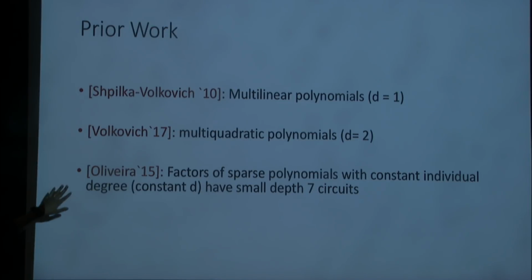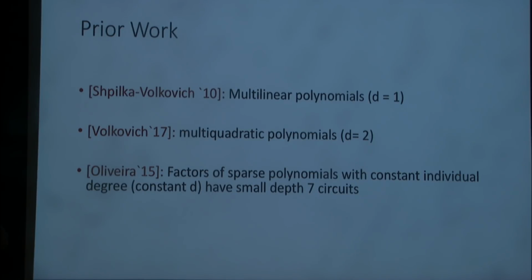There was a paper by Oliveira, that's very nice work, which looked at factors of polynomials computed by small depth circuits. He showed more than this, but one thing he showed was that if you start with a sparse polynomial with small individual degree, d being small, then its factors have small depth 7 circuits. What we are trying to show is: start with a sparse polynomial.